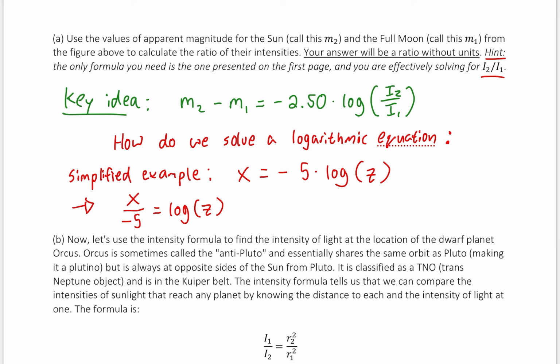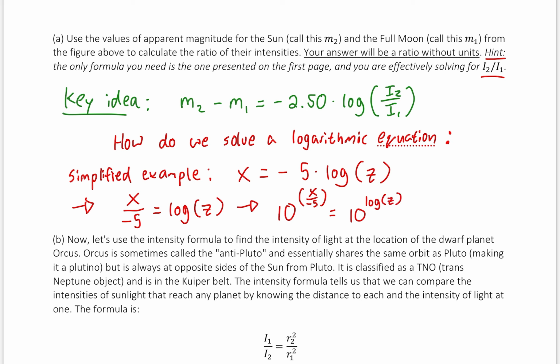Now my next step is to undo the logarithm by raising both sides to a power of 10, because a logarithm is the inverse function of a power, particularly a power base 10. So I take 10 and raise it to the x over negative 5 power, and I also do the same thing on the right-hand side, where I'm raising 10 to the log of z power.